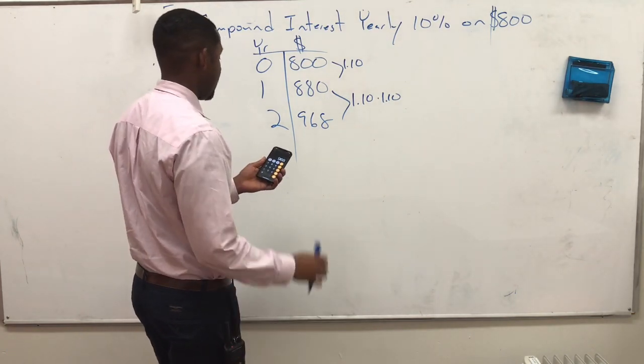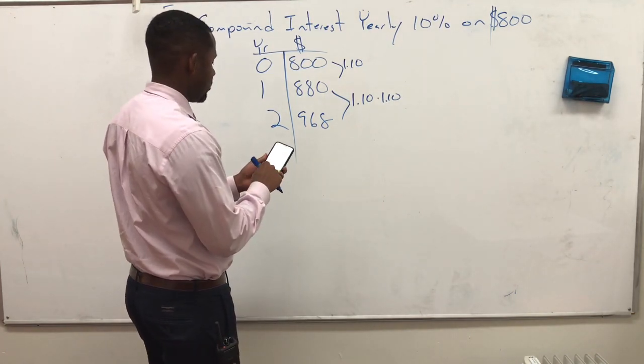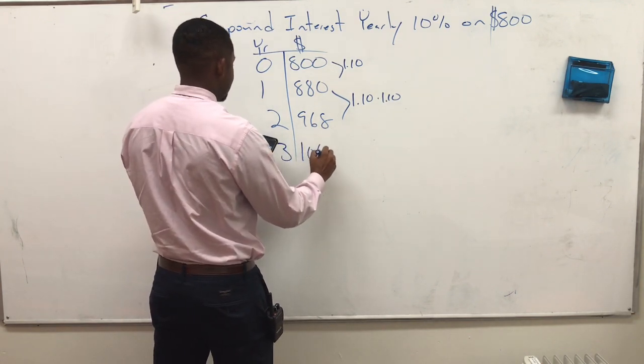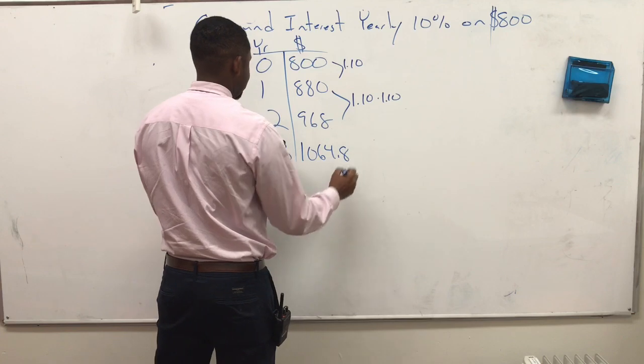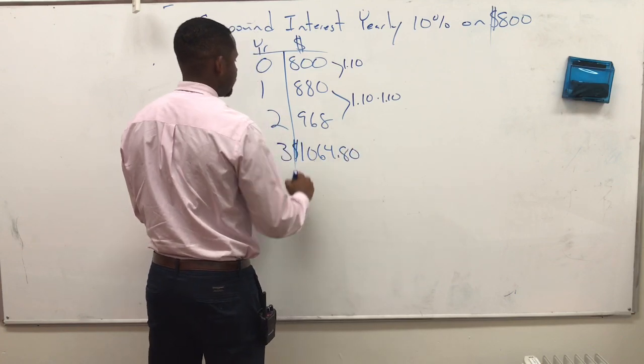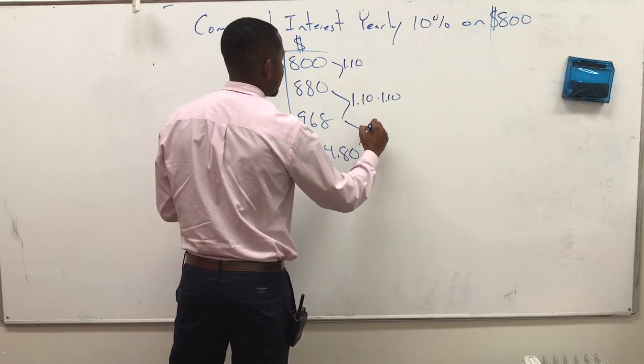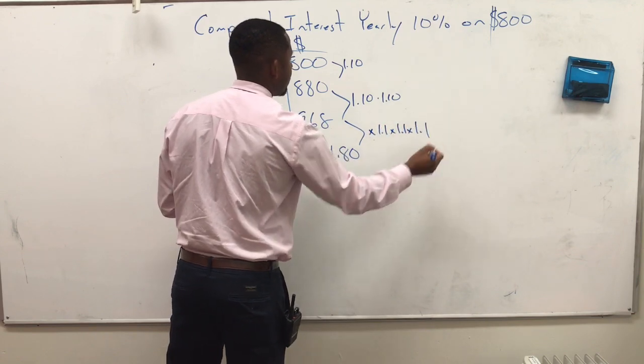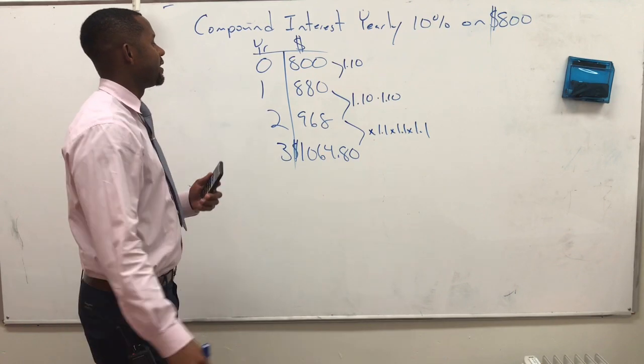This is looking better. I take that times 1.10, and in year 3, I get 1064.80. And this is times 1.1 times 1.1 times 1.1. I did it 3 times to get there.